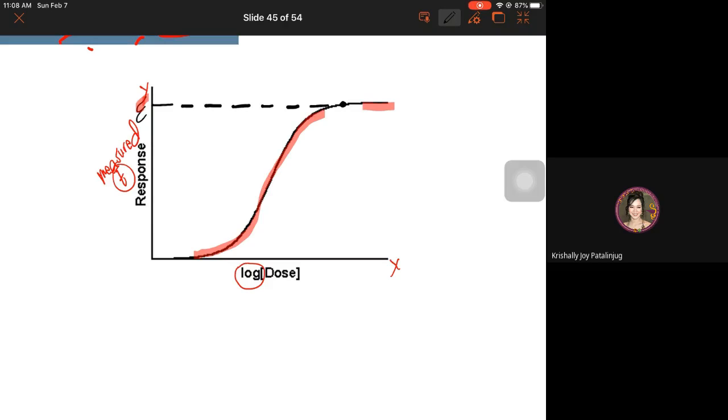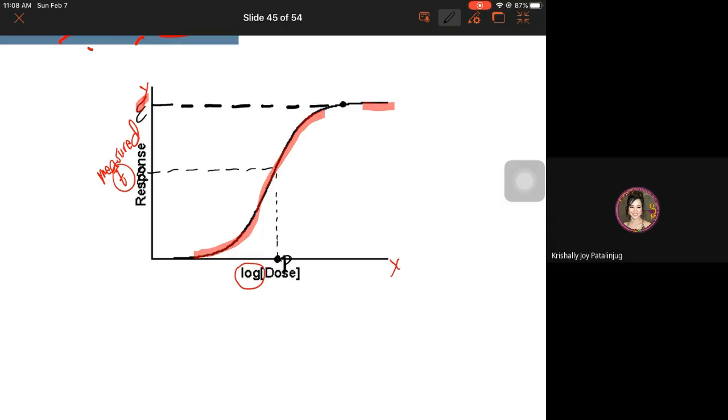We also have potency. Now, potency is the dose that is required to achieve 50% of the maximum response. So for this certain dose response curve, we can plot at this particular portion the potency.